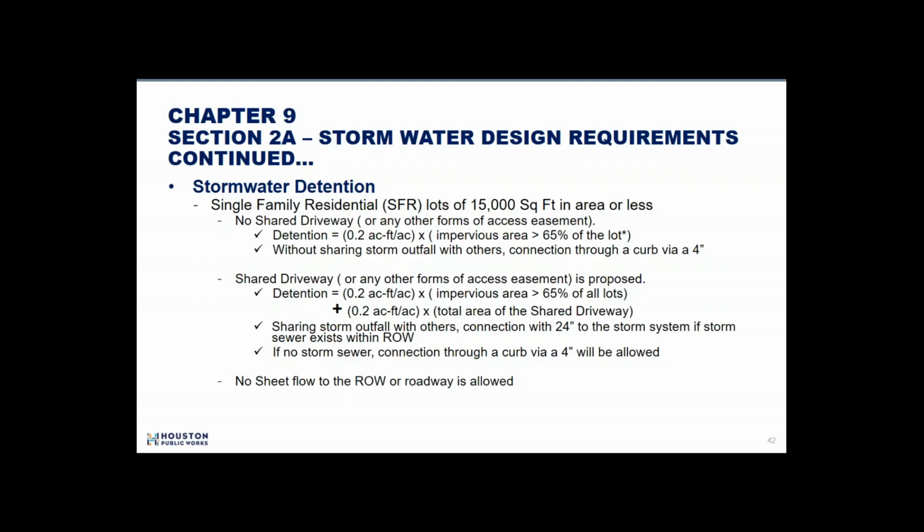Now, if they're in the middle of the lot, and storm sewer systems are running down the side streets, 100 feet, 200 feet from them to the closest storm sewer system, we are going to allow a shallow collection system on site, and then outfall with a 4-inch line, as far as I'm concerned.